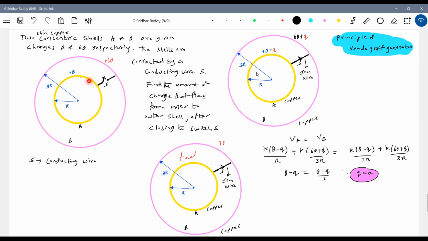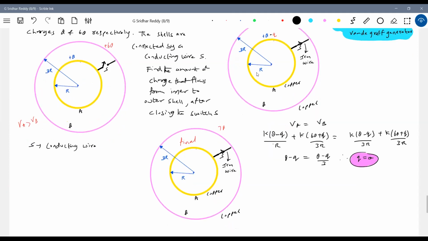Now I'll ask you one of the best questions. Which will be at higher potential, VA or VB? Who will answer? Looking here. So now shall we give the answer? The charge has flown from inner to outer shell. The reason is that the potential of shell A is greater than B, that's why it has flown. That was the reason.